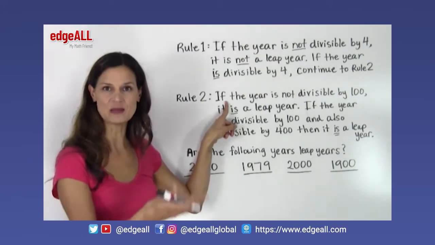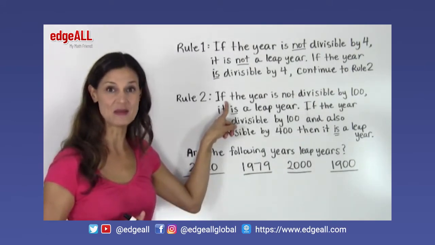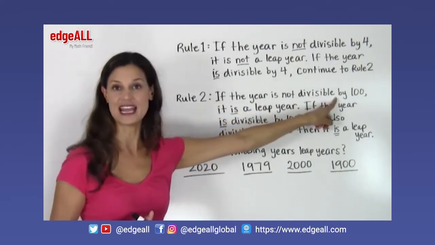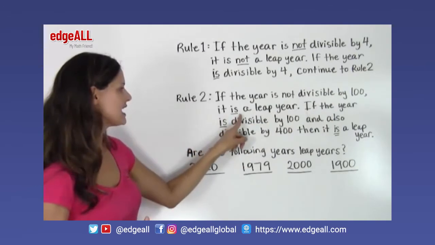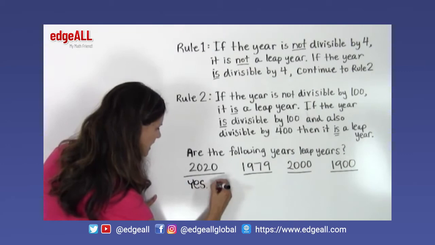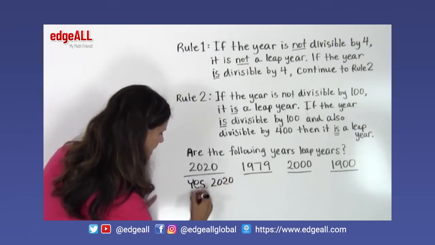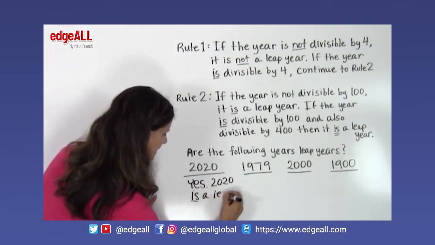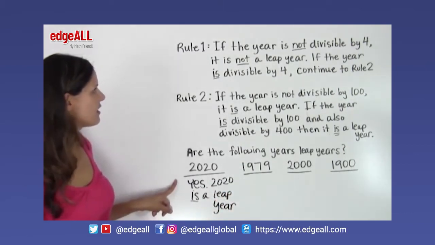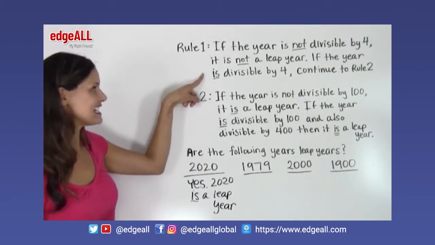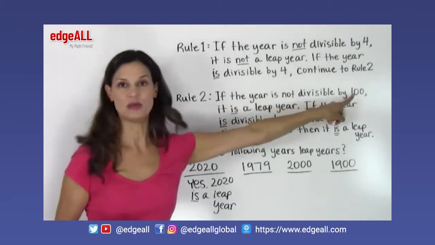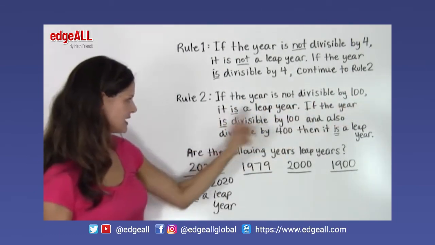I won't get a whole number answer if I divide 2020 by 100. So if the year is not divisible by 100, and it is not, it is a leap year. So yes, 2020 is a leap year. We found that by finding that 2020 is divisible by 4, 2020 is not divisible by 100. So it is a leap year.